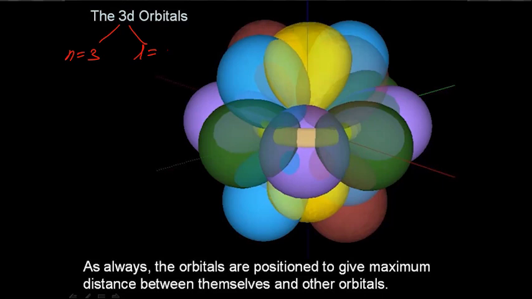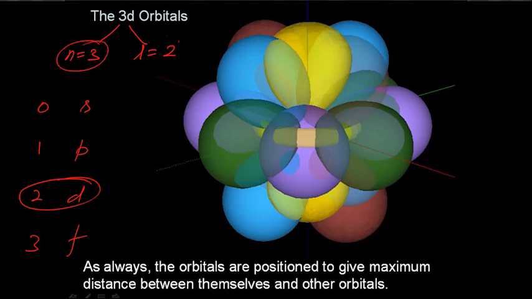And d means 2: 0, 1, 2, 3 are S, P, D, F. These are the names given to the subshells. So d means 2. So third shell, l equals 2 will have -2, -1, 0, +1, +2. If we represent only these five, it is so complex.